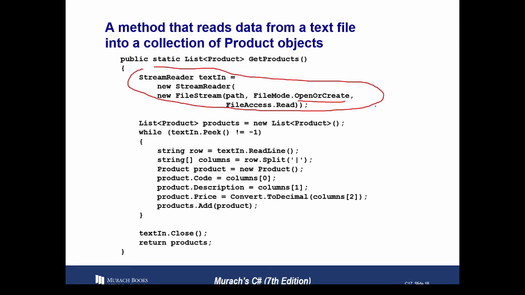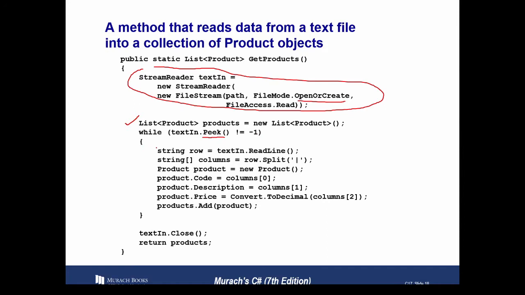We'll probably implement this open or create with the file stream as well. What's interesting here is that at some point we create our list, and we're going to use this list. And right here you'll see peek, which I already read about on the last slide, returning the -1.